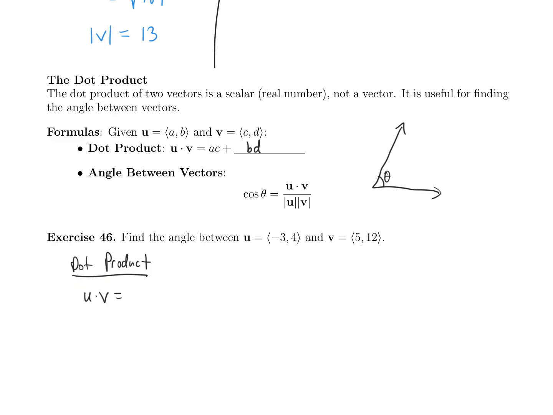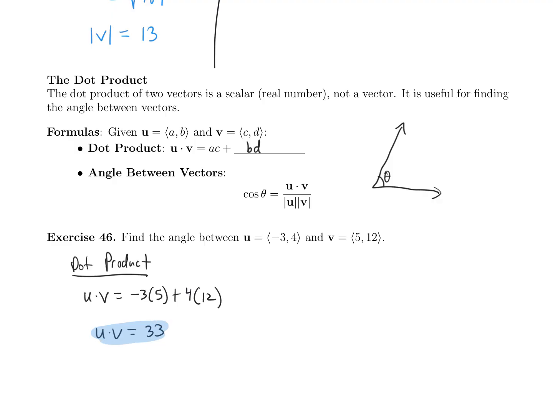I'm not supposed to get a vector, I'm supposed to get a scalar, a real number. So -3 times 5 plus 4 times 12. If you do that, you should get 33. Okay, so that is the dot product.